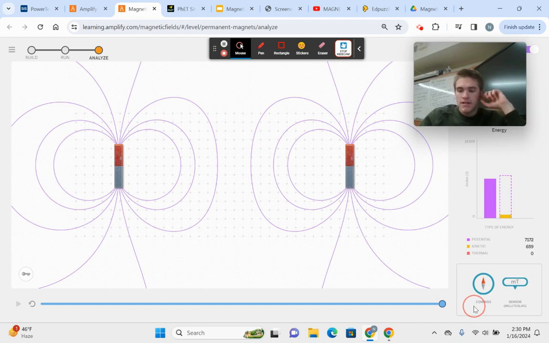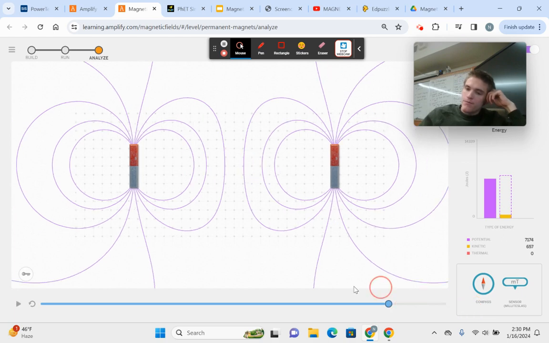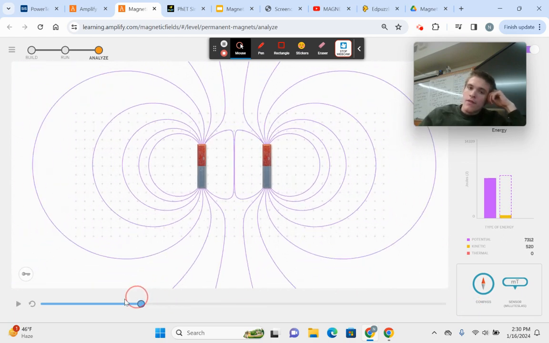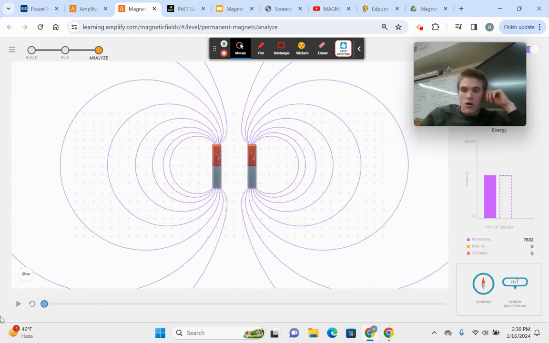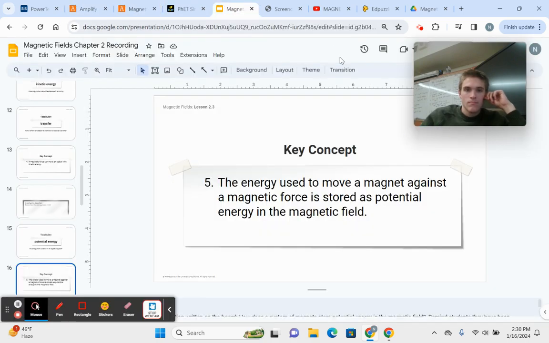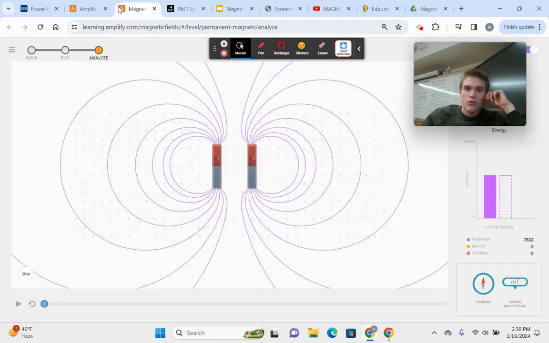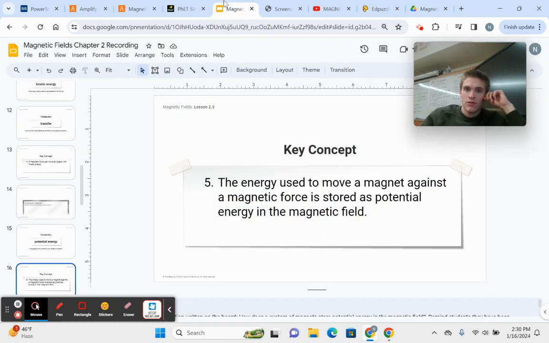The key concept is that there is greater potential energy when there are stronger or closer magnetic field lines. The potential energy for the magnet is stored in these magnetic fields.